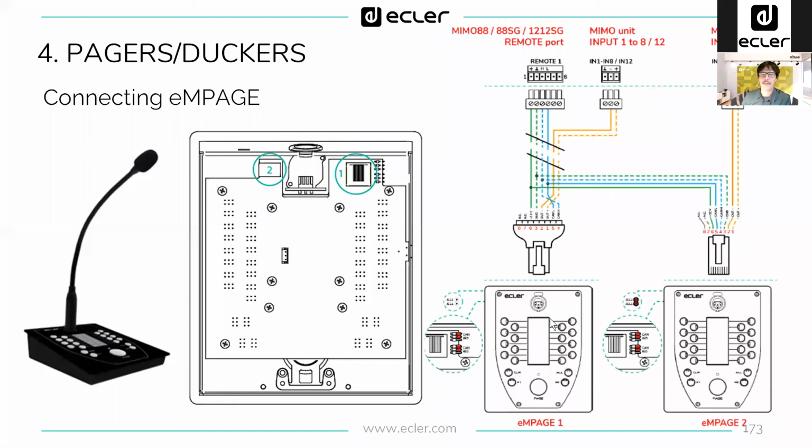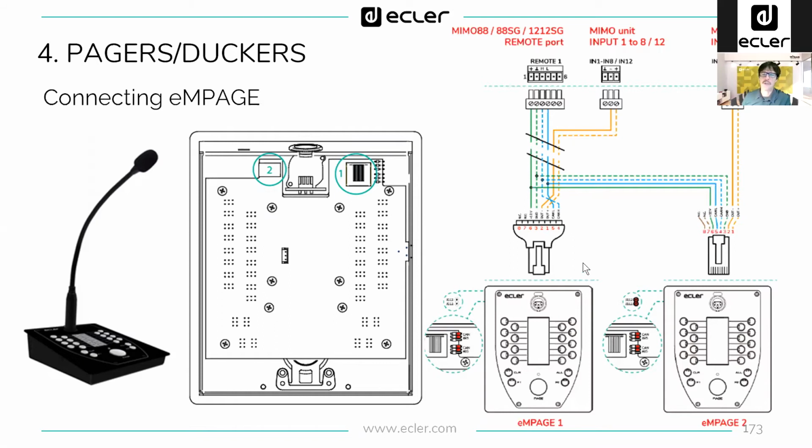Okay, what about if I need 2 paging stations? For example, MIMO 88SG and 1212SG have only 1 remote port, okay? How do we have to connect this?